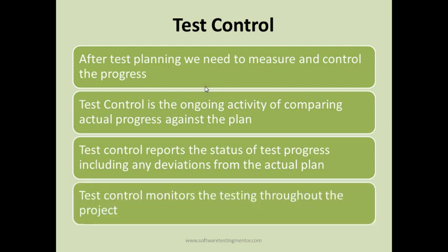Then test control monitors the testing throughout the project. So test control is an ongoing activity, and it monitors testing throughout the project. It's not an activity that will be done in a particular test level. It's done in all test levels, and it's an ongoing activity in the complete testing life cycle.